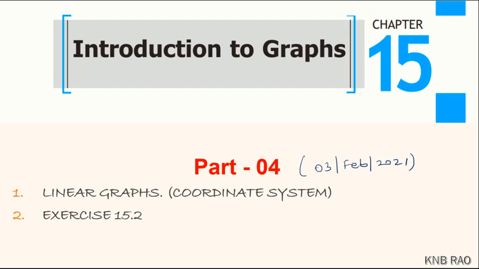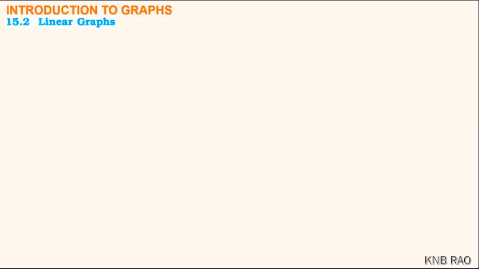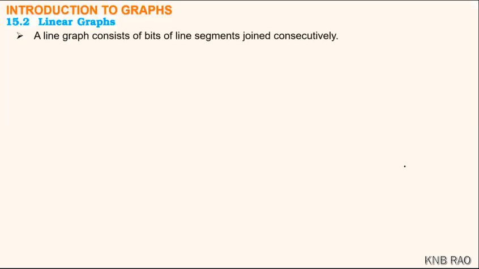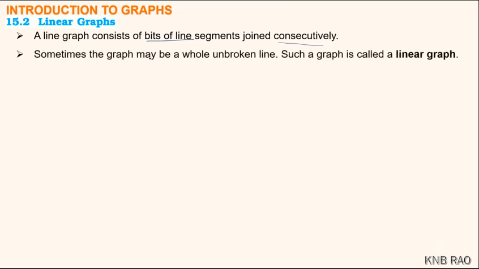Now coming to the linear graphs. A line graph consists of bits of line segments joined consecutively. We have already drawn them and we will see some more. Sometimes the graph may be a whole unbroken line.